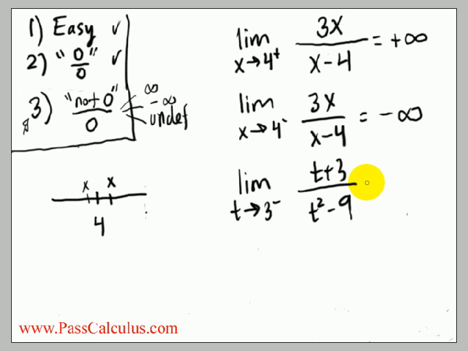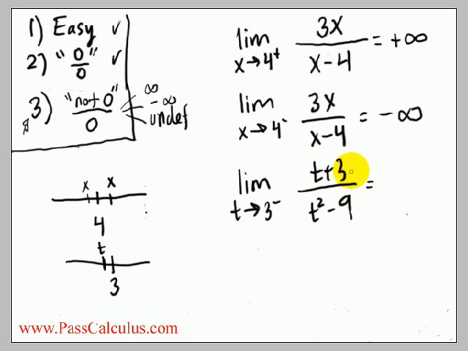Now we could simplify this because it's a difference of squares. This is t minus 3 times t plus 3, and then we could cancel the t plus 3's, but why don't we just try to do it like this? If we're taking 3 from the left, t would be to the left of 3 but close to 3, maybe about 2.99. So the top is like 2.99 plus 3, close to 6.